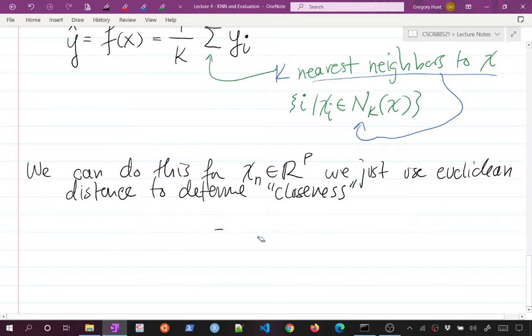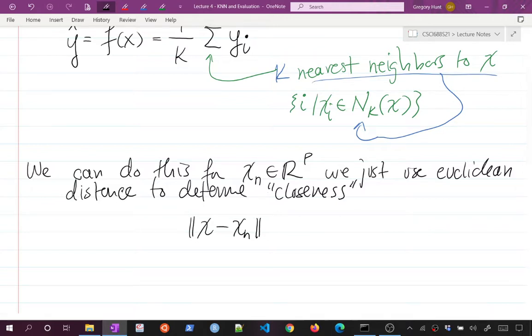Practically, you write an algorithm to search through your points and find the closest ones. If you just have one-dimensional training x's, you just look at the difference between them, or the absolute value of the difference. But you can also look at the Euclidean distance between the points to determine closeness.